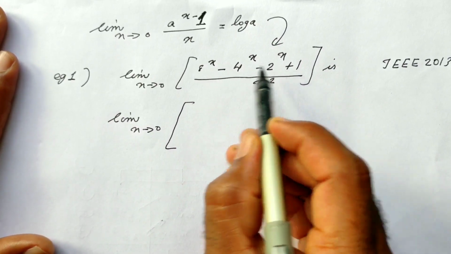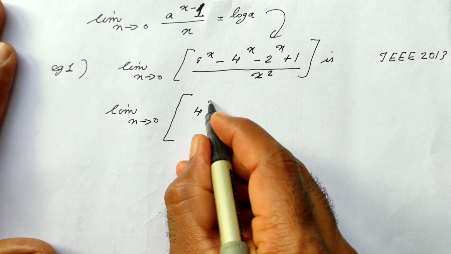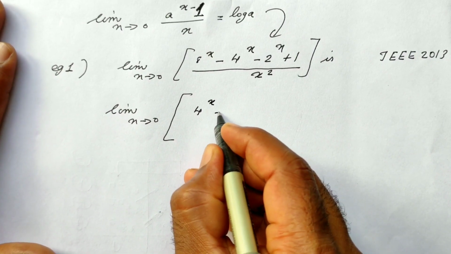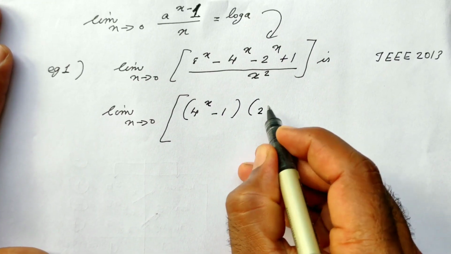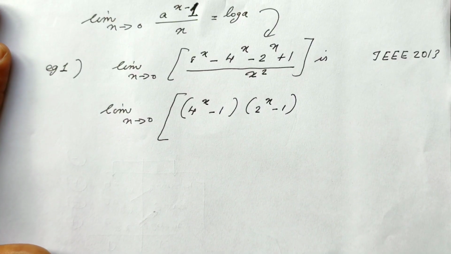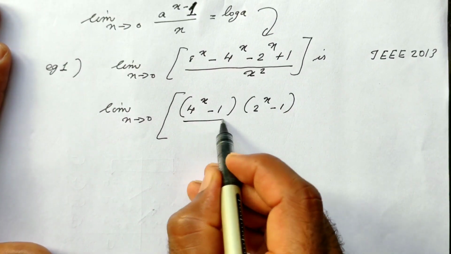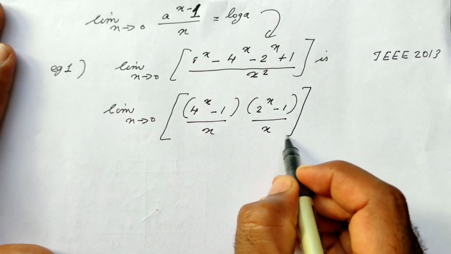Convert this numerator into the form (4 raised to x minus 1) into (2 raised to x minus 1), and this x square can be written as x into x.